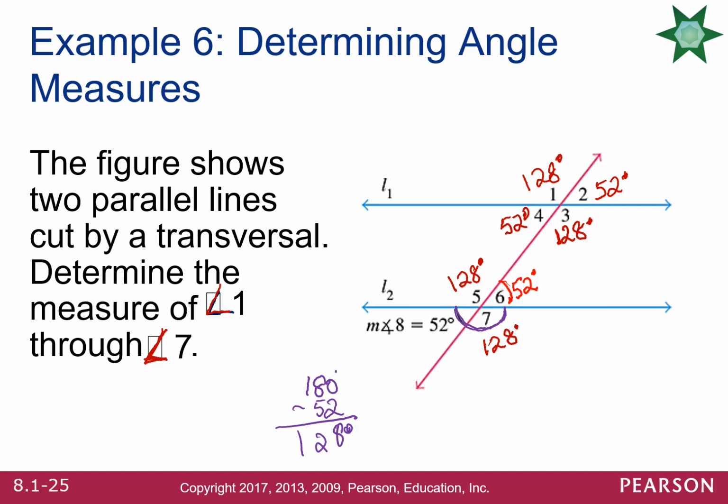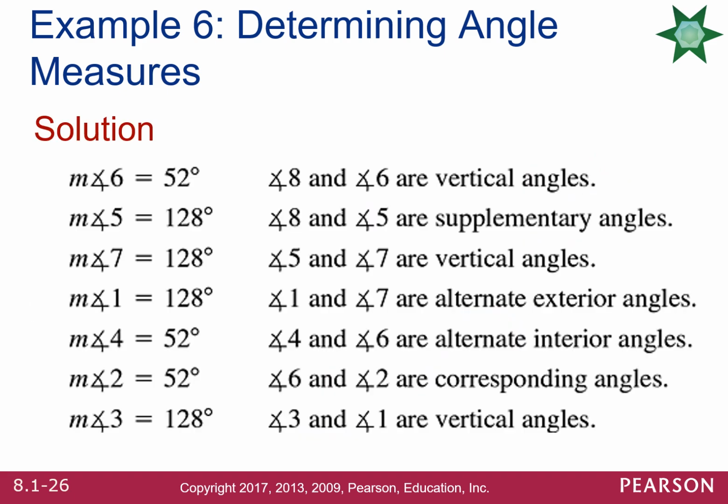So now we got all the angle measures figured out. All we needed to do was calculate one angle, and then for the rest of the angles we just use our knowledge of the relationships between angles when two parallel lines are intercepted by a transversal.